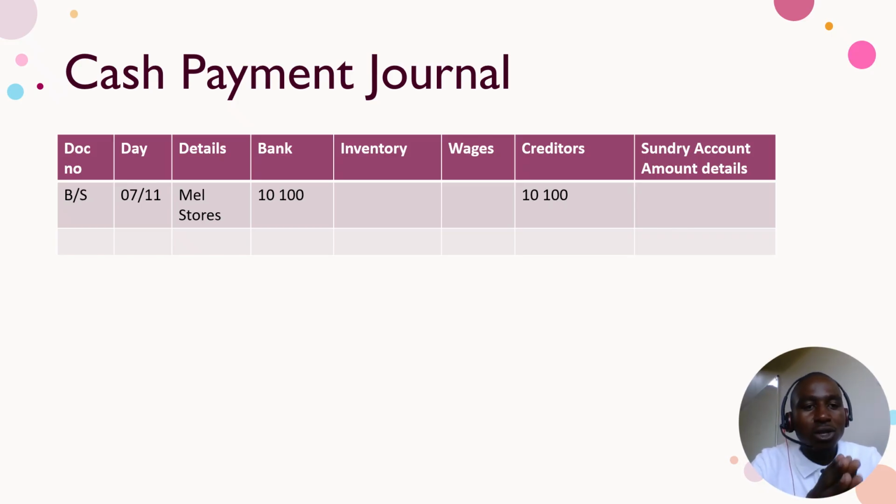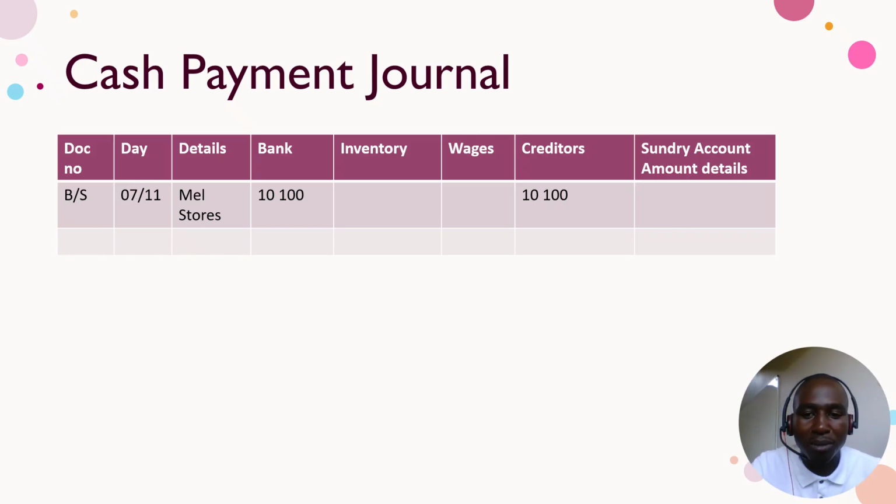Now remember, the source document number that we use for a CPJ is always BS. That stands for bank statement. We do not write any source document number under CPJ other than BS. You always write BS under CPJ.